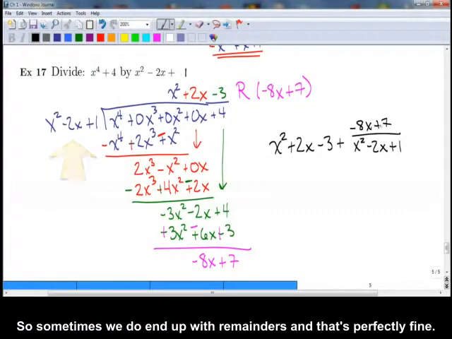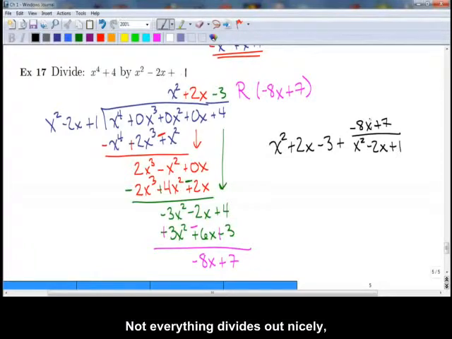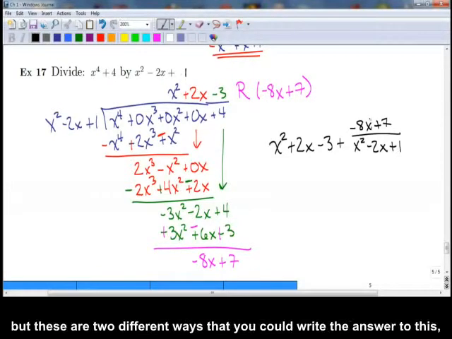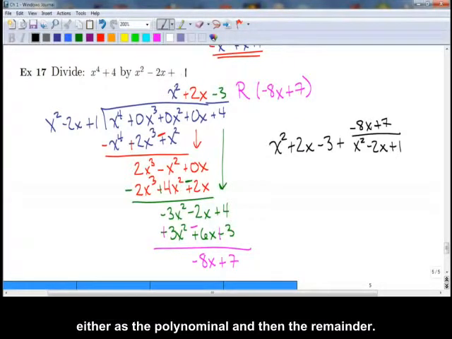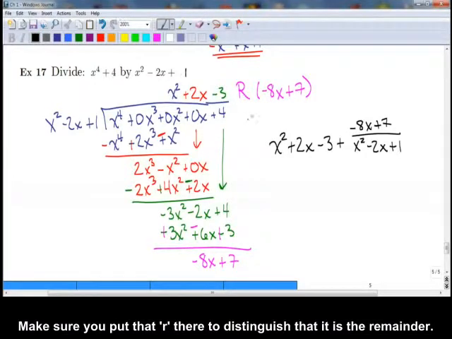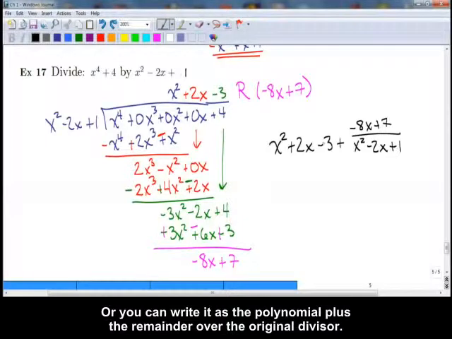So sometimes we do end up with remainders, and that's perfectly fine. Not everything divides out nicely. But these are two different ways that you could write the answer to this, either as the polynomial and then the remainder. Make sure you put that r there to distinguish that it is the remainder, or you can write it as the polynomial plus the remainder over the original divisor.